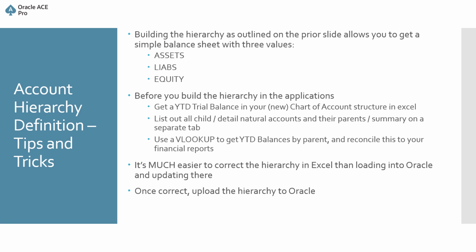Now, what we try to do before you even think about putting anything in the applications, get a year-to-date trial balance in your hopefully new chart of account structure or whatever your chart of account structure is in Excel. List out all the child detailed natural accounts and their parents on a separate tab and do a VLOOKUP to get year-to-date balances by parent as you think it's going to be in your chart of accounts. If that reconciles to your financial reports you're getting already, you're in good shape.